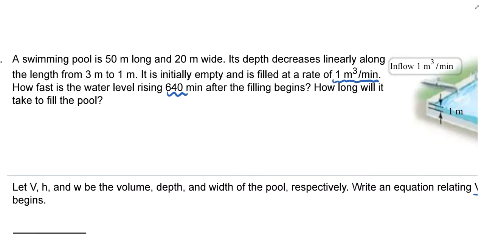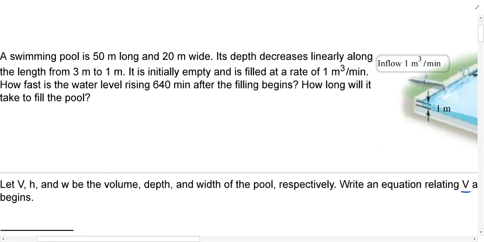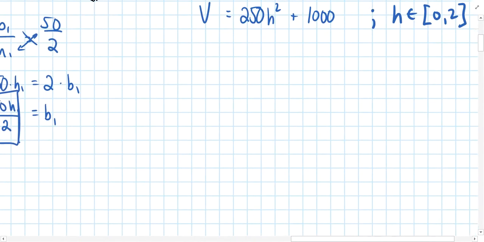So we would essentially like to know what component of the volume formula we're using when the volume is 640 cubic meters. If we had, say, 2 cubic meters per minute, then we'd be talking about 1,280 cubic meters of water that had been put into the pool. But that's not the case here. We're talking about 640 cubic meters.